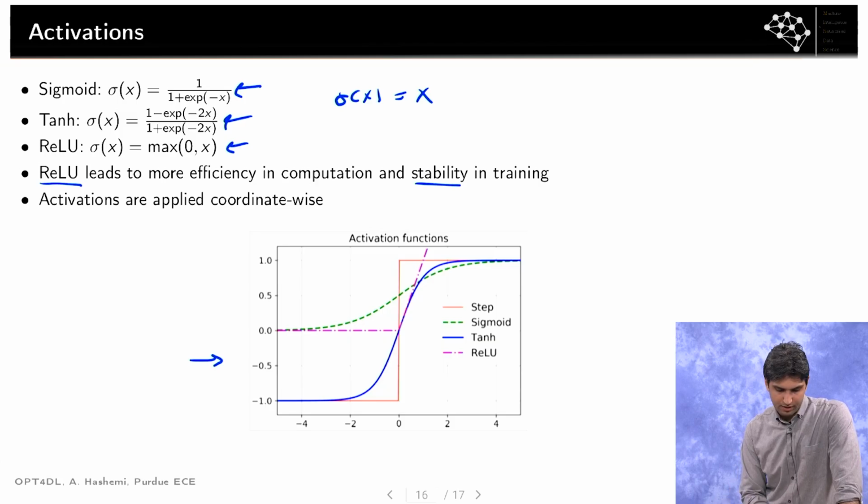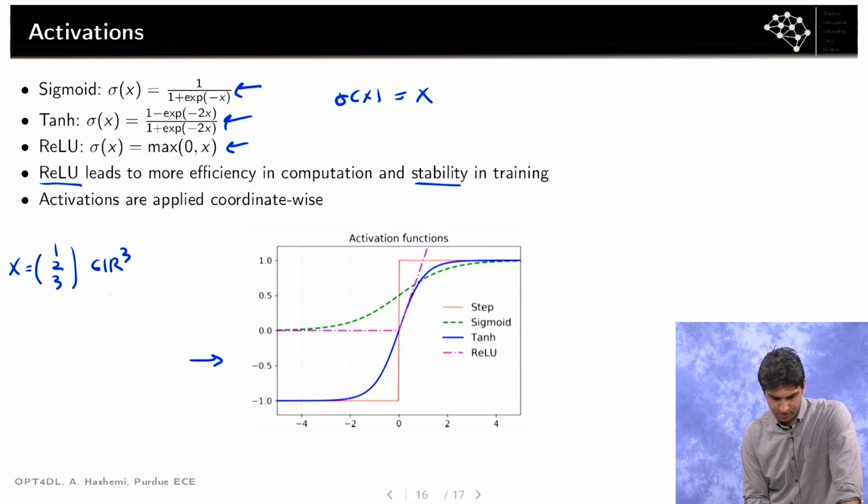And finally, one remark here is that activations are applied coordinate-wise. I mean that if x is a vector, for instance, if x is equal to 1, 2, 3, then I apply the activation functions in a coordinate-wise way, such that if this is in R3, the activation is also in R3.